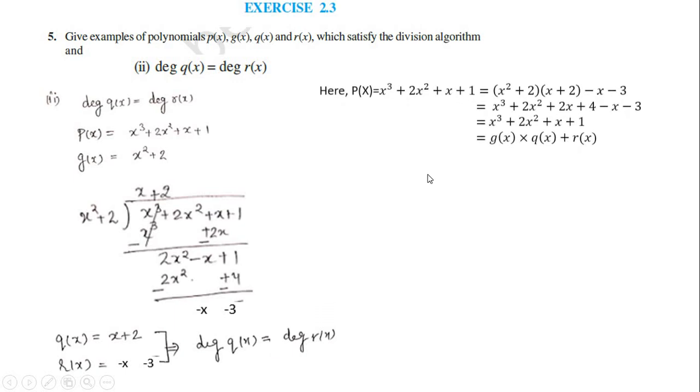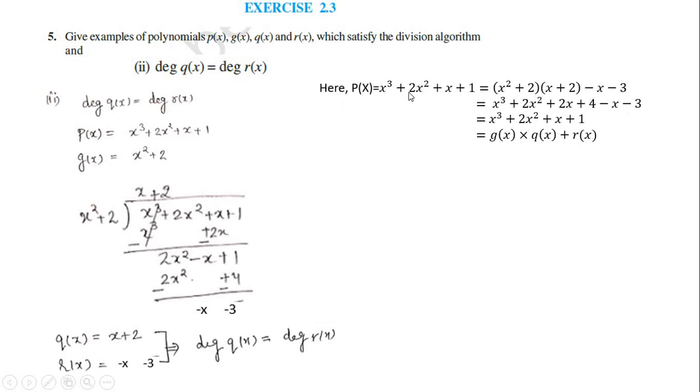And also we can observe here that p(x), which was x cube plus 2x square plus x plus 1, can be written as the multiplication of the quotient polynomial and the divisor polynomial, which I have written here, plus the remainder polynomial, minus x minus 3. When you solve this, x square multiplied by x gives x cube, x square multiplied by 2 gives 2x square, plus 2x plus 4 minus x minus 3.